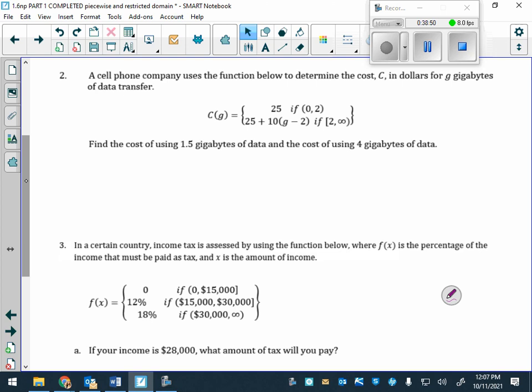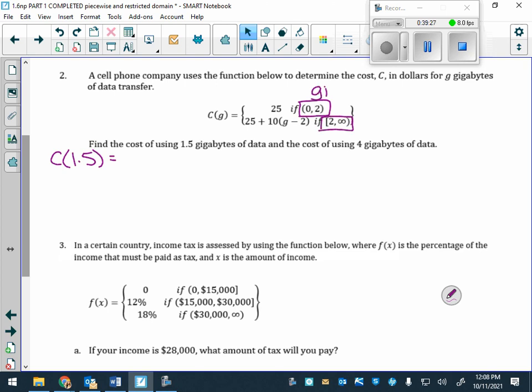The first one, if we wanted to find the cost of 1.5, which equation would we use, the first or the second? Remember, your equations are to the left, your domain is to the right. 1.5 fits into what? Be careful. These are your domain.